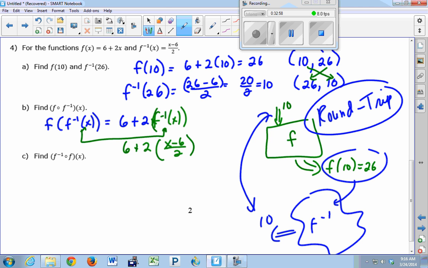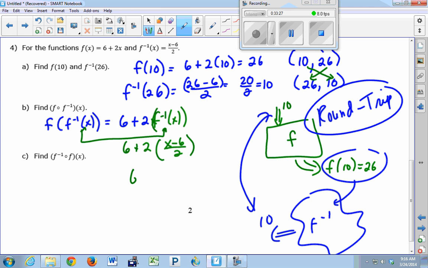So I've put x into my inverse function, and I'm looking to see what I get back when I compose it. Does anybody have a sense of what my answer is going to be? If I put x into my inverse function and I take that result and put it into my f function, what should I get back to? My original input, x. Okay, so let's see what happens.